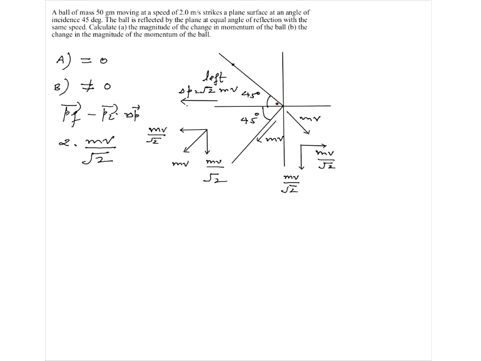Any questions, let me know. Or we go to part B. The change in the magnitude of the momentum of the ball. Change in magnitude of momentum. That means pf vector mod minus pi vector mod. That should be very easy. What do you think should be the answer to this?